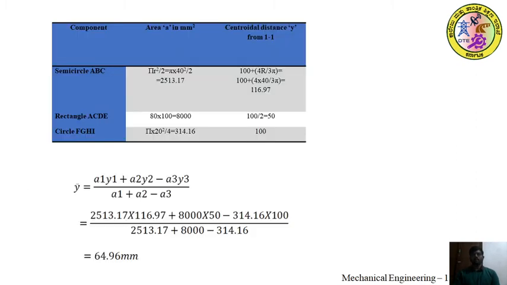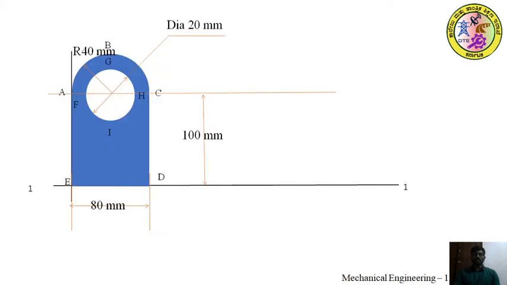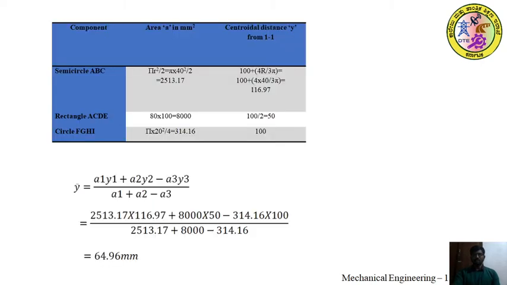Now y bar is equal to a1 y1 plus a2 y2. Here this shape is a hollow one. There is a hole in the lamina, so that's why we put a minus here: a1 y1 plus a2 y2 minus a3 y3 divided by a1 plus a2 minus a3.